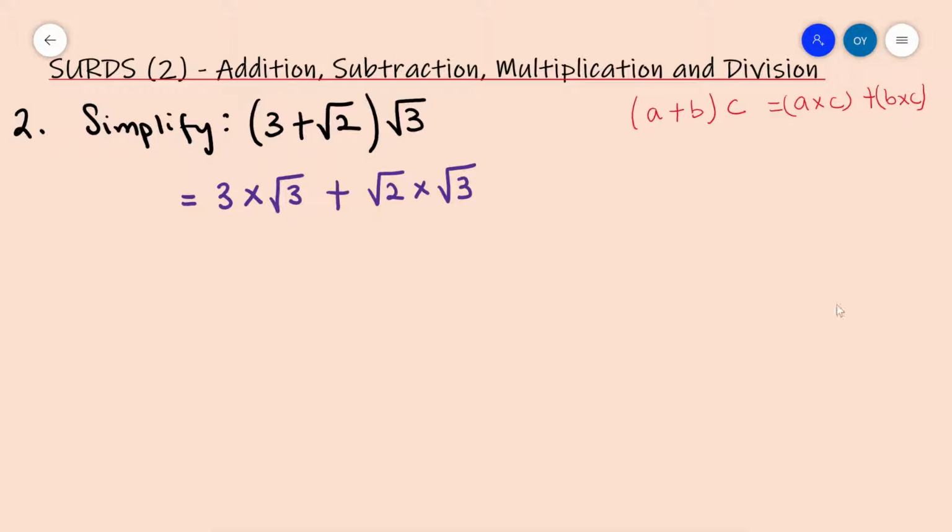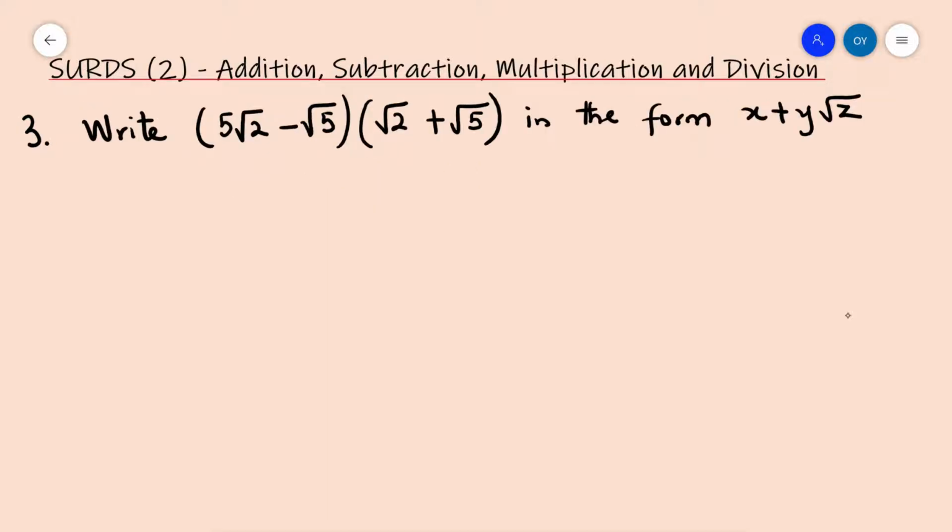So here 3 times root 3 is 3 root 3 plus root 2 times root 3 is root 2 multiplied by 3, and this is 3 root 3 plus root 6, and that's the answer.